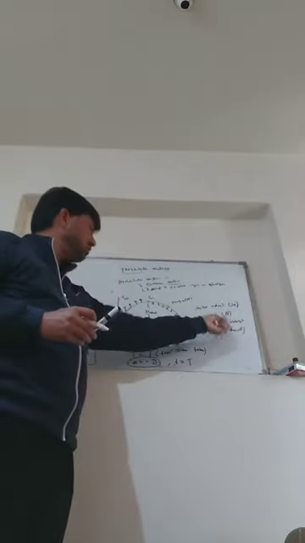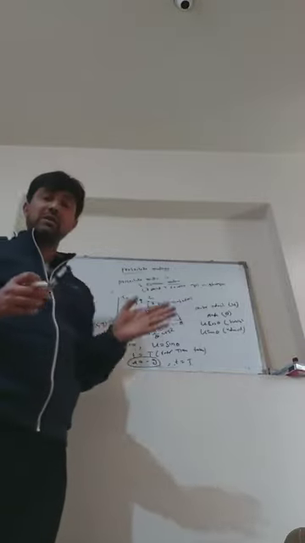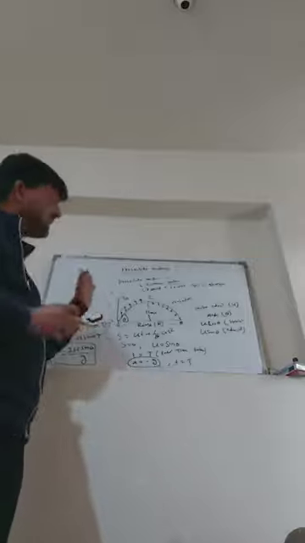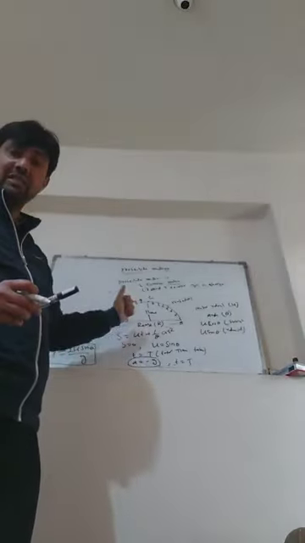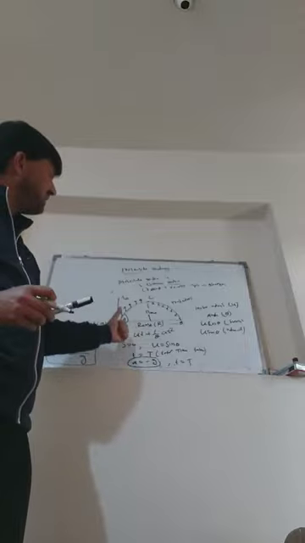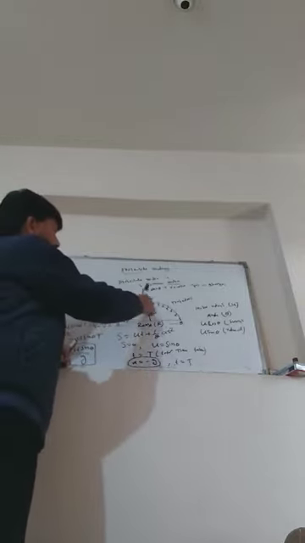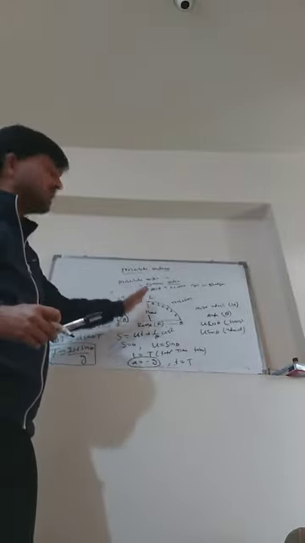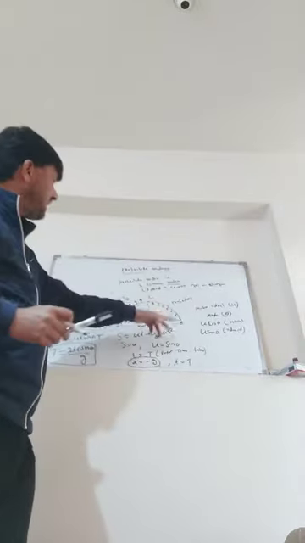The horizontal component is u cos theta, and the vertical component is u sin theta. The horizontal component remains constant throughout the motion, because it is not acted upon by the force of gravity. Only the vertical component of the velocity, which is acted upon by gravity, goes on changing, and when the body reaches point C, the vertical component of the velocity becomes 0. The horizontal component remains the same, and the body again reaches point B.